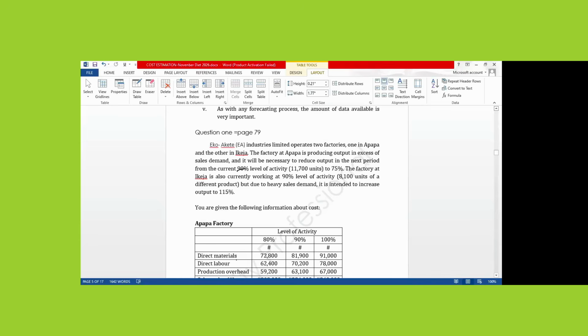Now let's go back to that question. You can check page 79. Let's take the question again. Eko Akete Industries operates 2 factories. The other in Ikeja.